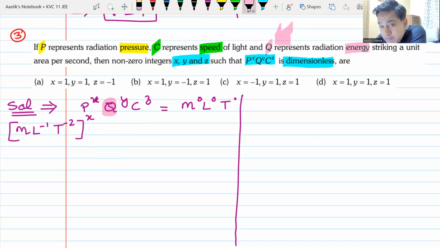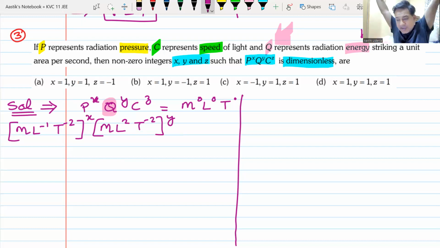Q was M1 L2 T minus 2, sir. Q is, as I said, energy. So it is M L square T minus 2. Yes or no, my dear friends? We all agree on this? Can I have raised hands?